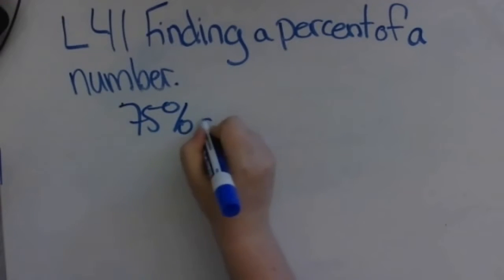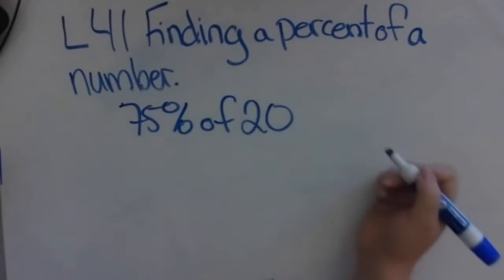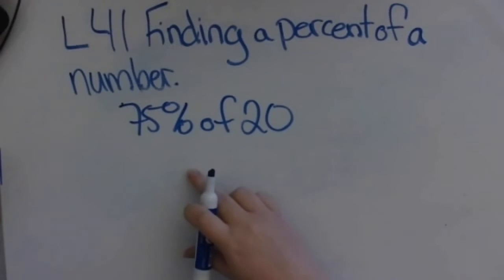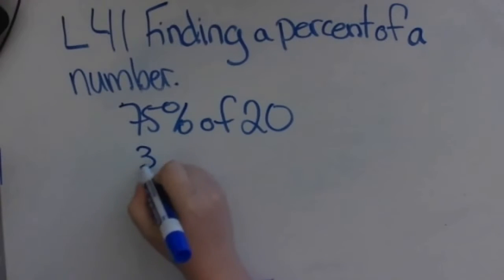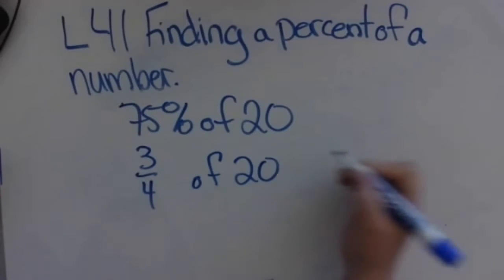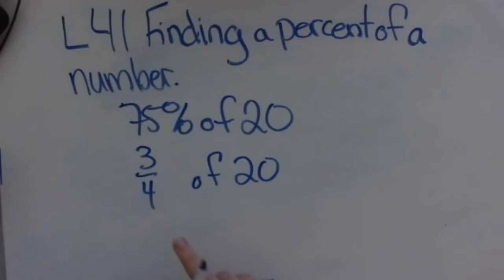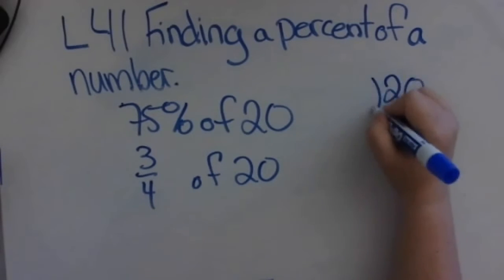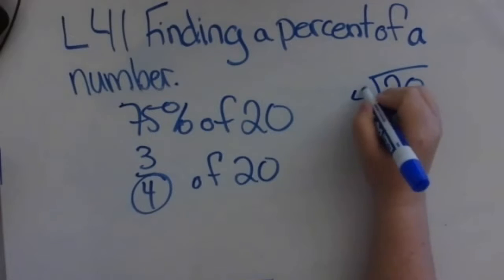75% of 20. Now 75% we already know is 3/4, we've just done that. So it's 3/4 of 20. Now this we have done before. I'm going to take 20 and divide it by the denominator, 4.